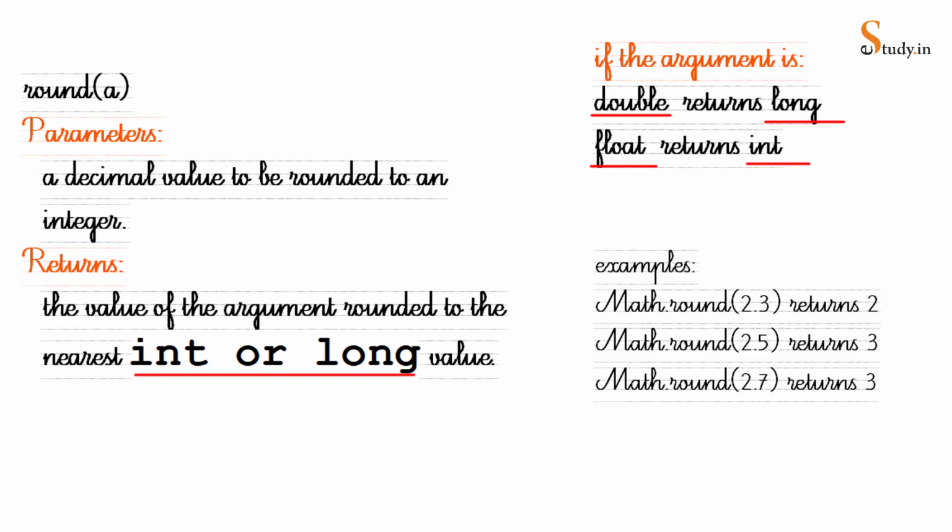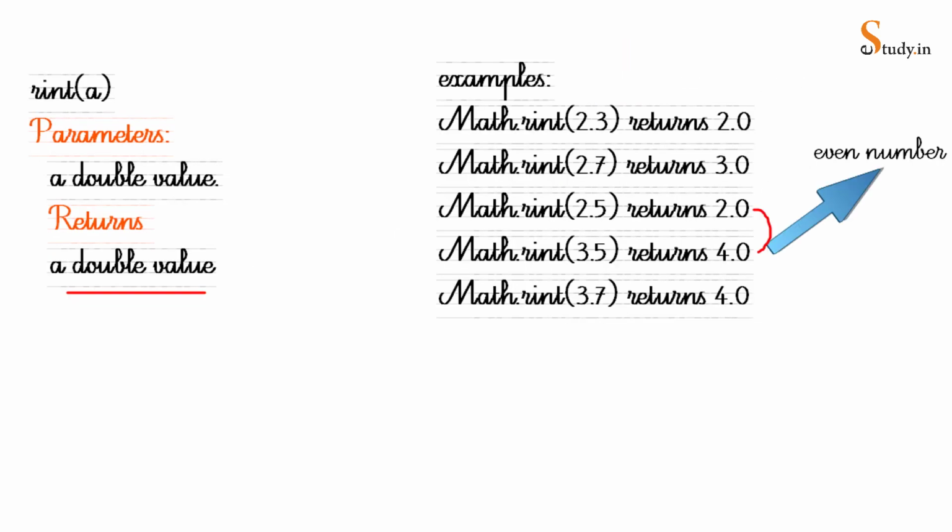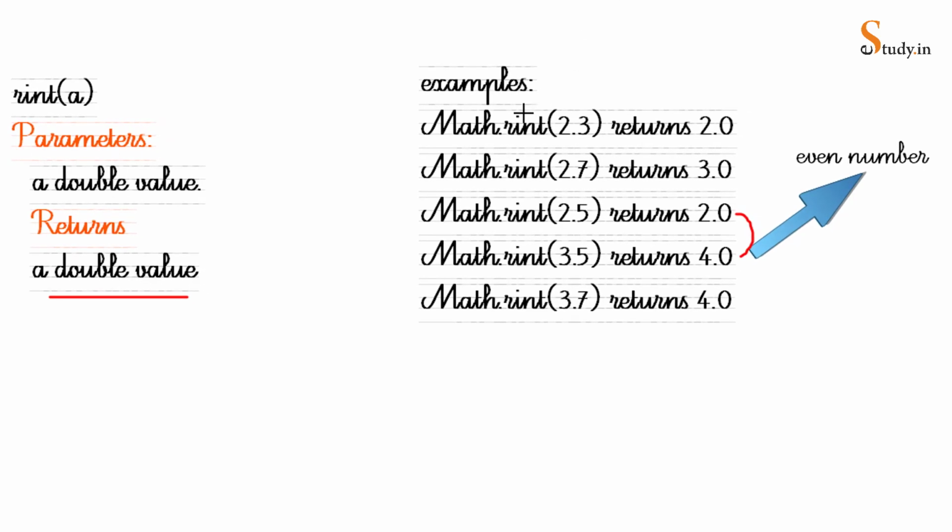So the first difference between round and rint is that the round function will return either a long or an int value, whereas the rint function will always return a double value.